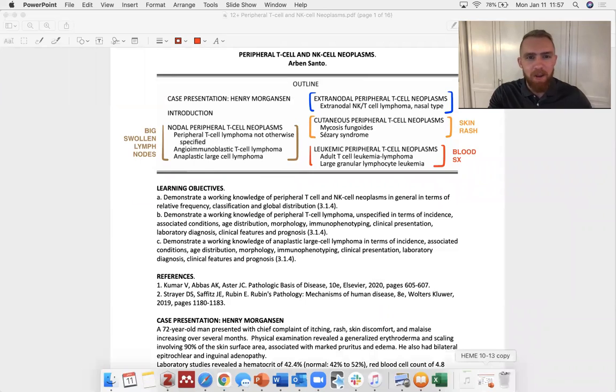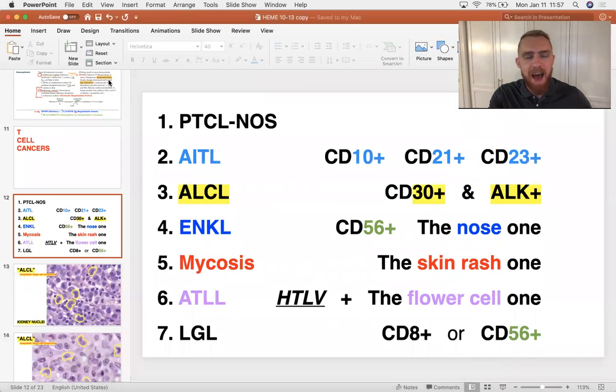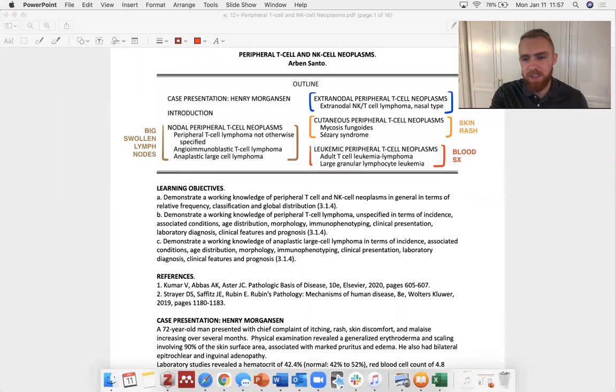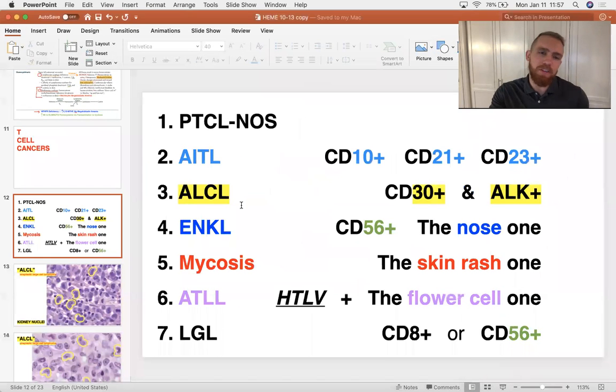There we go. So then we've got AITL, which stands for angioimmunoblastic T cell lymphoma. So this sucker likes to grow around blood vessels. It's angioimmunoblastic. Angio, blood vessel, immuno, white cells, blastic, growing.